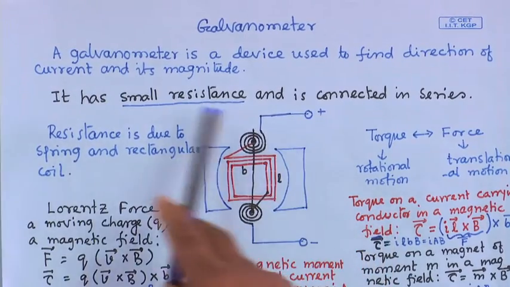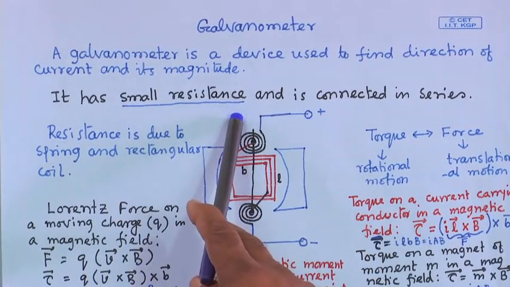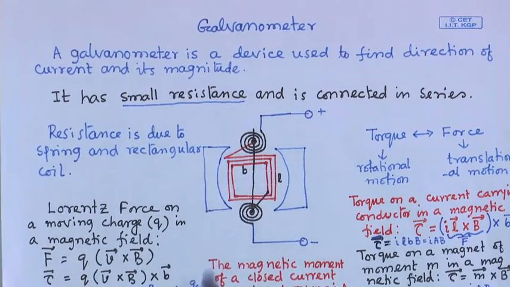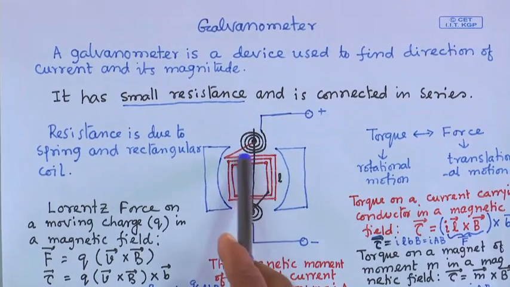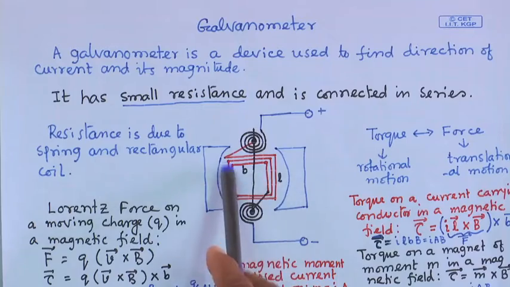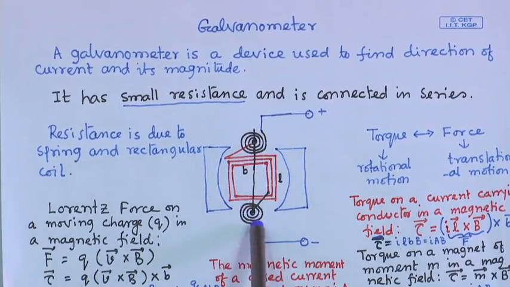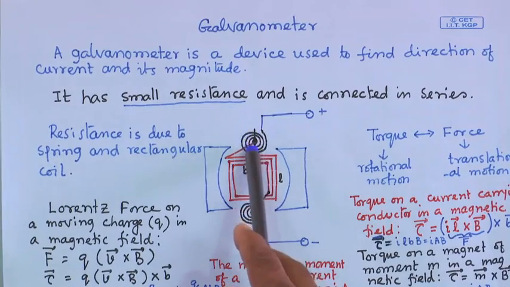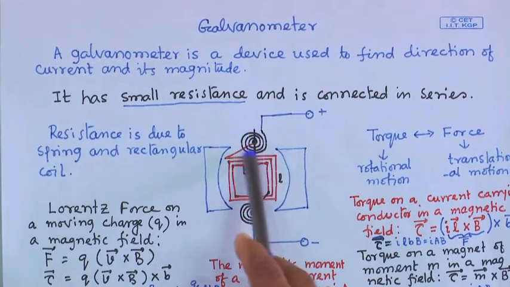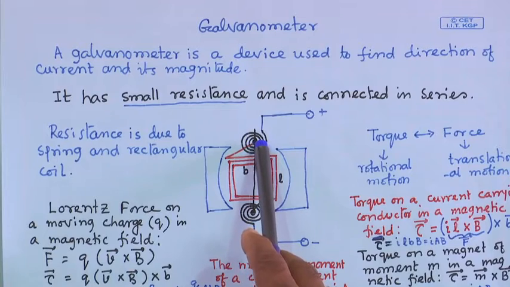This small resistance of the galvanometer, where is it coming from? Basically the galvanometer has a rectangular coil. On top and bottom of this coil, as I told, there are two spiral springs.